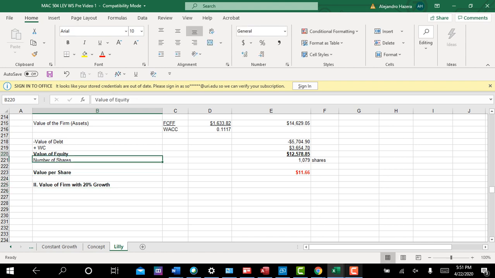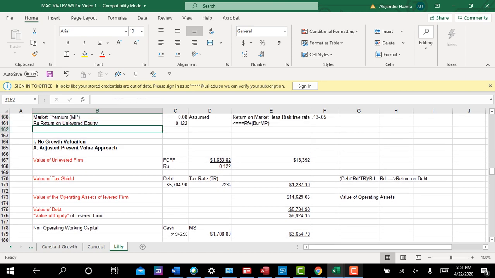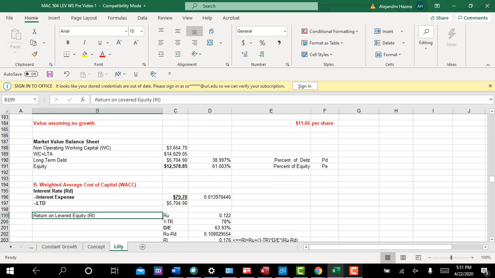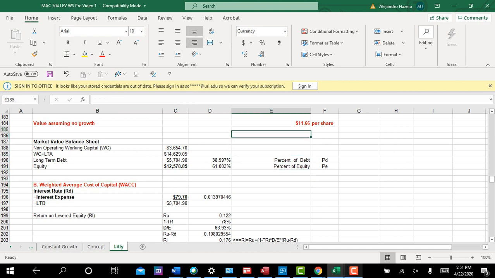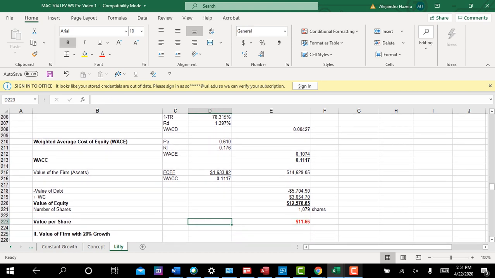I'm just starting it now. But if you look at this, we've got 2 sections, valuations. First one I have is no growth valuation, and I did that using 2 approaches, the adjusted present value and the weighted average cost of capital approach. Got the same result in both cases, $11.66. And now when we add growth, we're going to see how much 20% growth adds to the value of the firm.